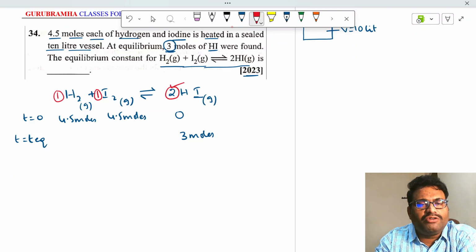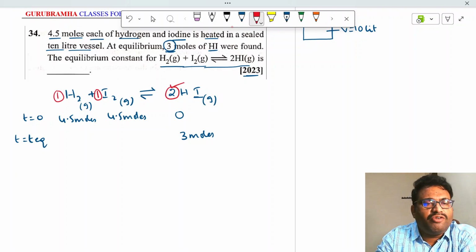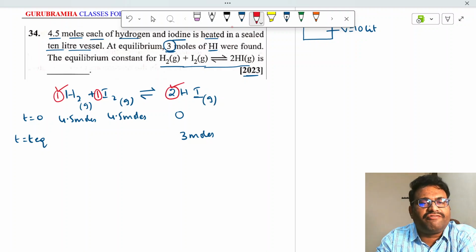When 2 is equal to 3 moles, what will be 1? 1 will be 1.5. So when 1 mole of hydrogen is reacted, 2 moles of HI are formed; 2 is equated to 3 moles, then 1 will be 1.5.